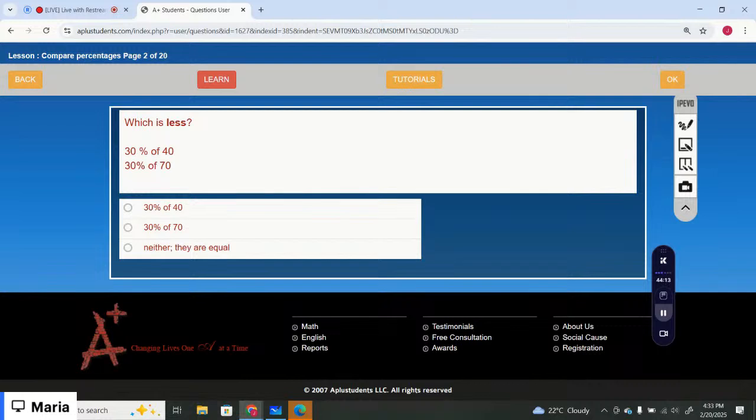Which is less, 30% of 40 or 30% of 70? 30% of 40 is less than 30% of 70. Option number 1 is the correct option. That is 30% of 40.